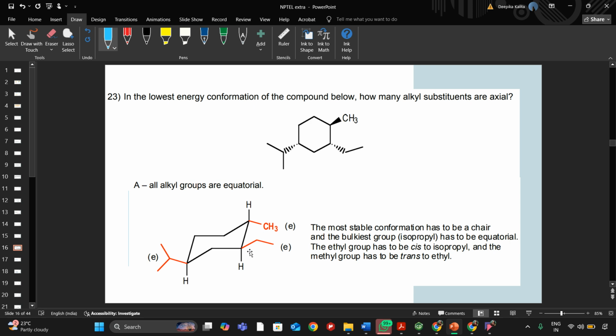And on the adjacent carbon atom, we have the ethyl substituent, which will also be equatorial, and it will be cis with the isopropyl. Hence, this is going to be the most stable conformation for the given molecule.